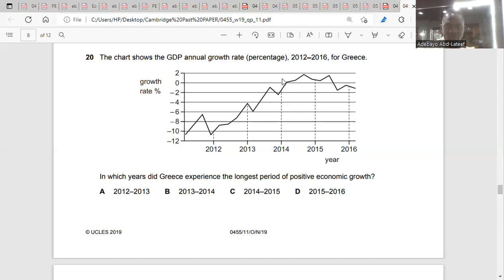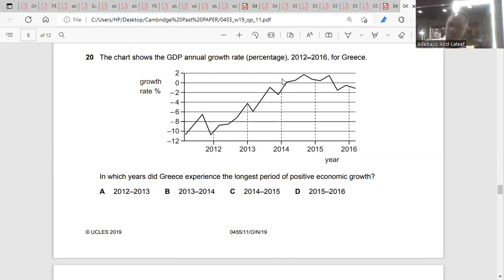It was negative until the beginning of 2014, when it started increasing, and it was positive until 2015. Between 2015, it goes down again. So it's between 2014 to 2015. Is it clear? Yes.